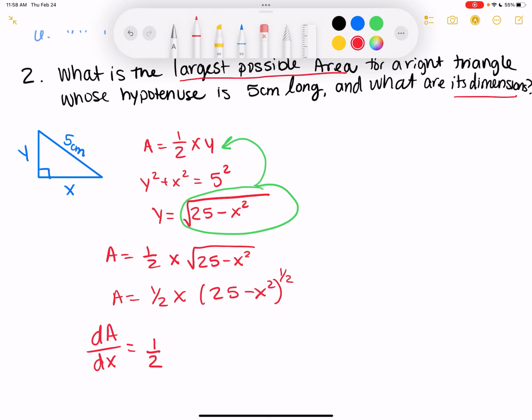So 1/2 x times, I'm going to pull this 1/2 out front. So this is going to be 1/2 times 25 minus x squared raised to the negative 1/2. Then I need the derivative of the inside of this, which is minus 2x.